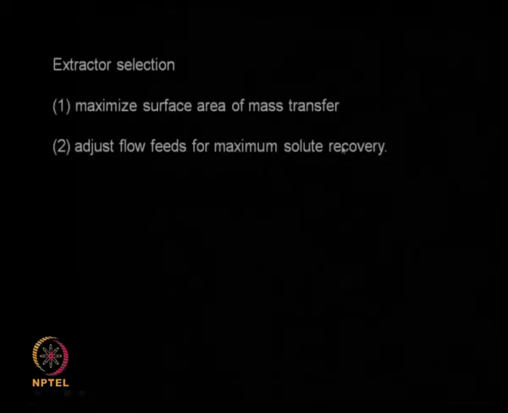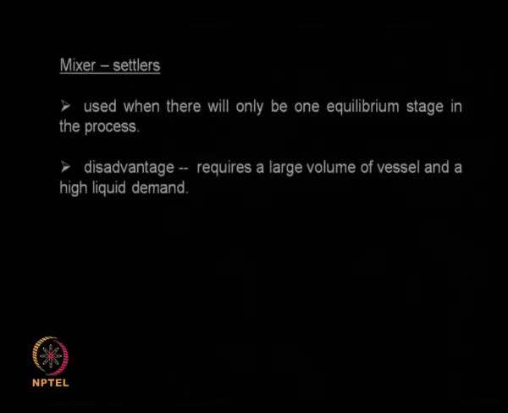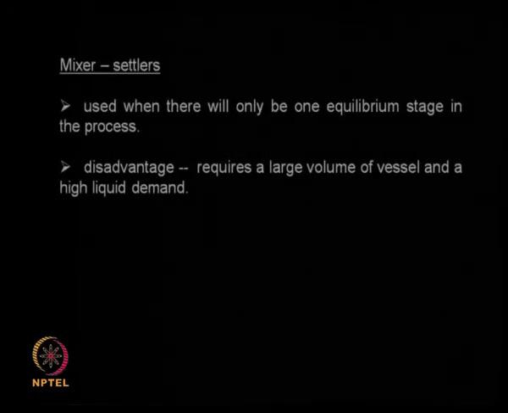That means as much of the solute that is present in your medium is recovered, and if it is a high value protein, then you want to recover almost 100% of the protein into your solvent layer. So, these are the two factors which affect your selection of the extractor. We talked about broadly three types of extractors, if you very clearly remember.